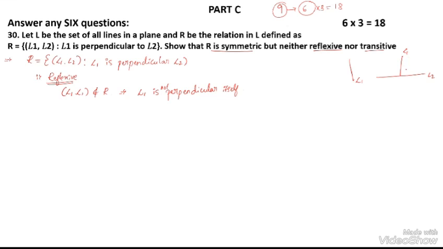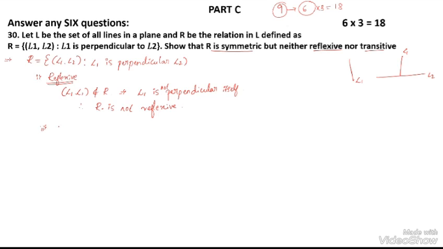If two lines exist, then perpendicularity exists, otherwise no. By this we can say (L1, L1) does not belong to R. Therefore, R is not reflexive.